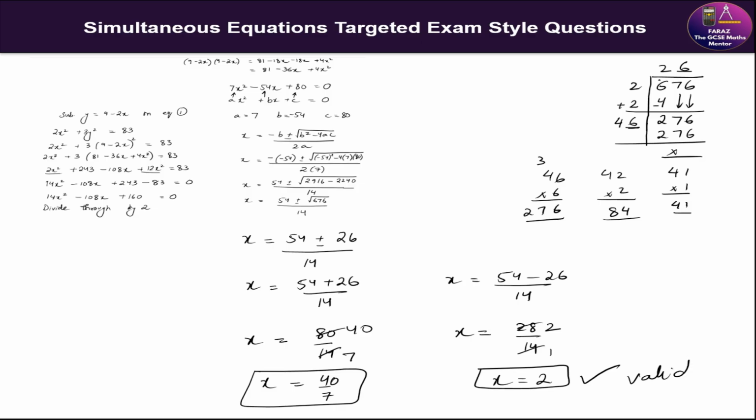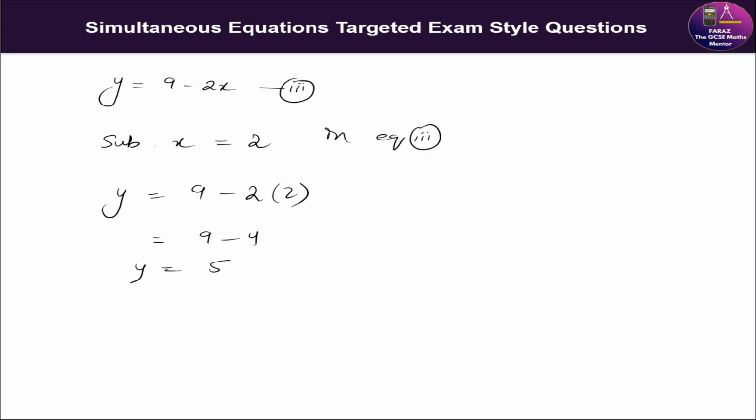All right, now here we have to find the value of y also. So you have to substitute the value of x equals to 2 in equation number 3. So y equals to 9 minus 2 times 2 there, which means 9 minus 4, and that would give you 5.